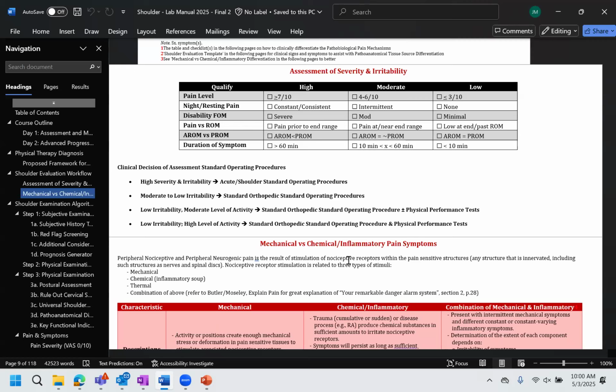Then there's the higher level, where someone comes in and says, it's not until I've been doing my kipping pull-ups for at least 2 sets with my CrossFit that I actually have pain in my shoulder. I'm like, well, that's going to be kind of hard pain to define, right? Versus the individual who says it's immediate, right? So as they're telling me their story, I'm trying to decide which button I want to hit play on. Is it going to be my acute, my orthopedic, or my higher level?